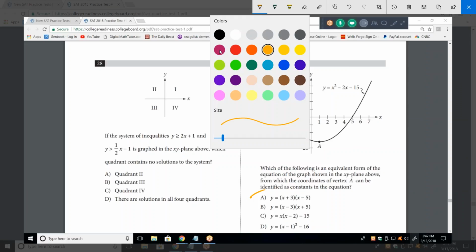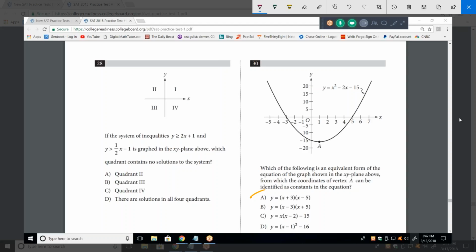Not really. What they're asking you is which of the coordinates of vertex A can be identified as constants in the equation. Well, it's true that that equals that, but it doesn't allow you to tell where the vertex is.